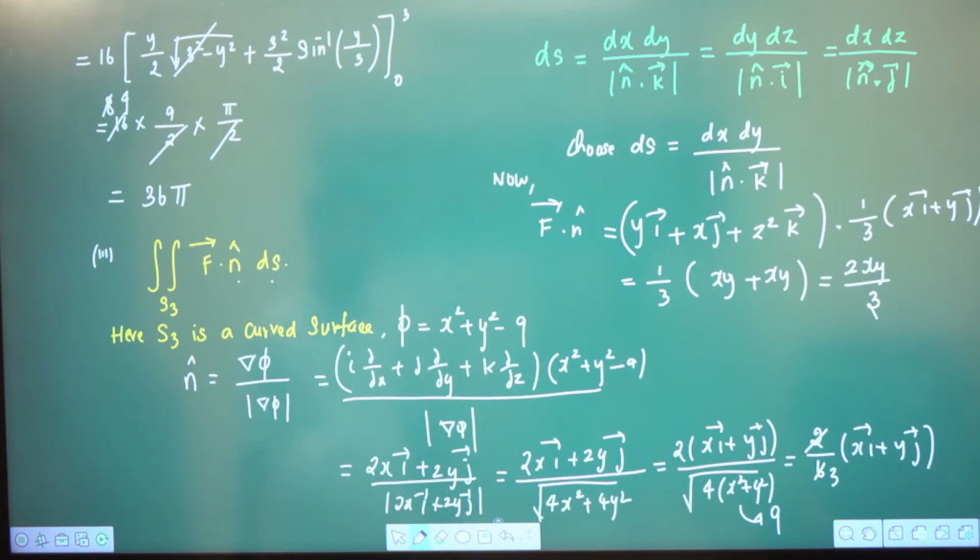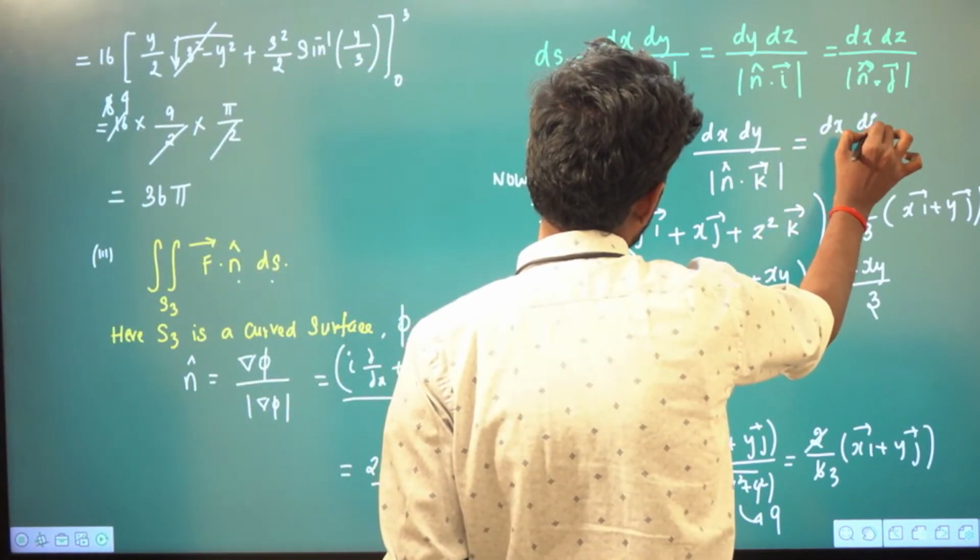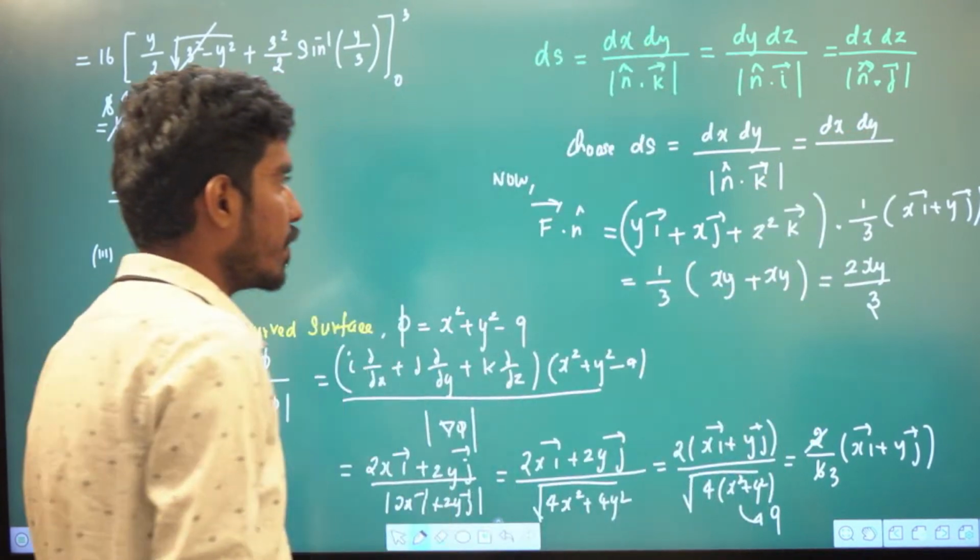Now you need to multiply with ds. This is dx dy divided by n cap dot k.